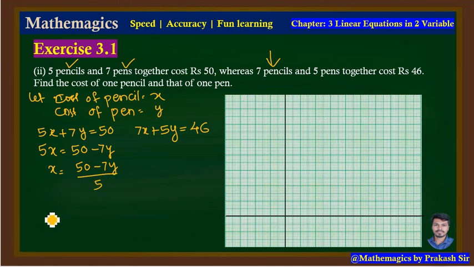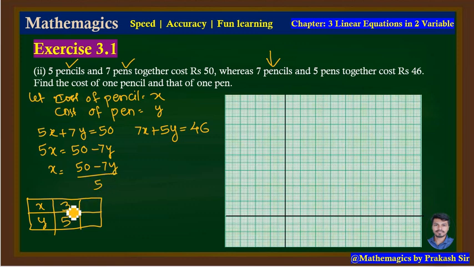Now our most important thing is to find the coordinates. We are going to find only two coordinates because it is sufficient. Let us take y is equal to 5. So 7 fives are 35. Then 50 minus 35 becomes 15, and 15 by 5 becomes 3.